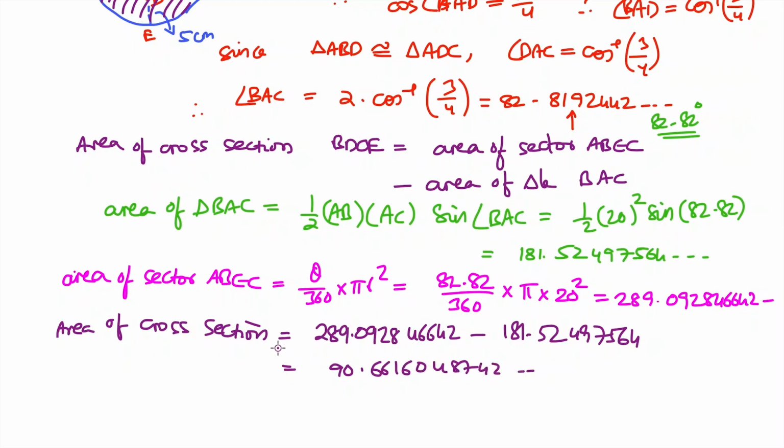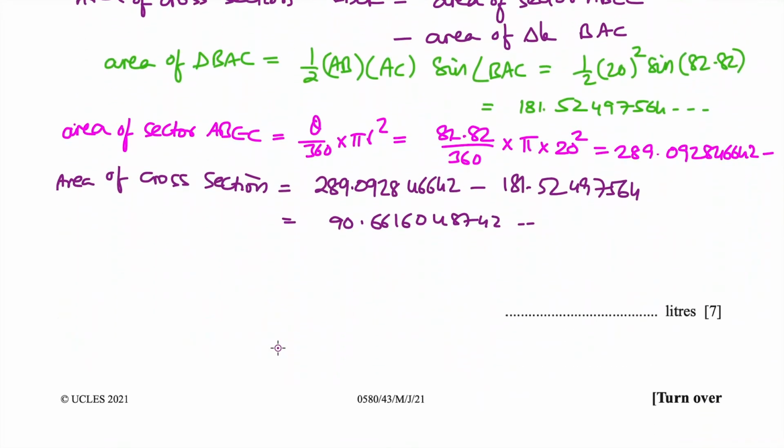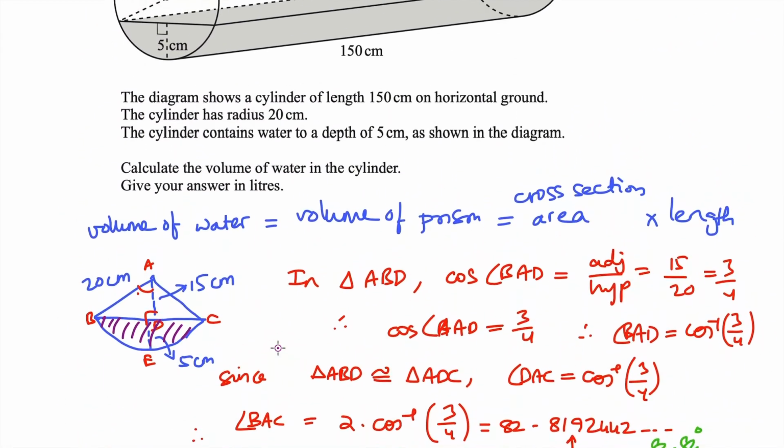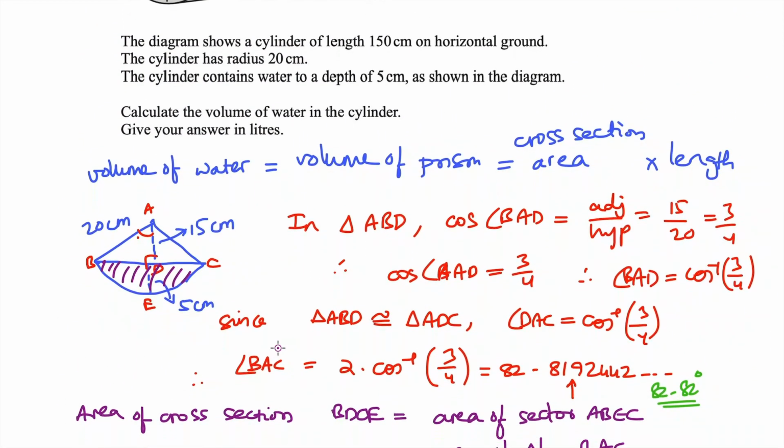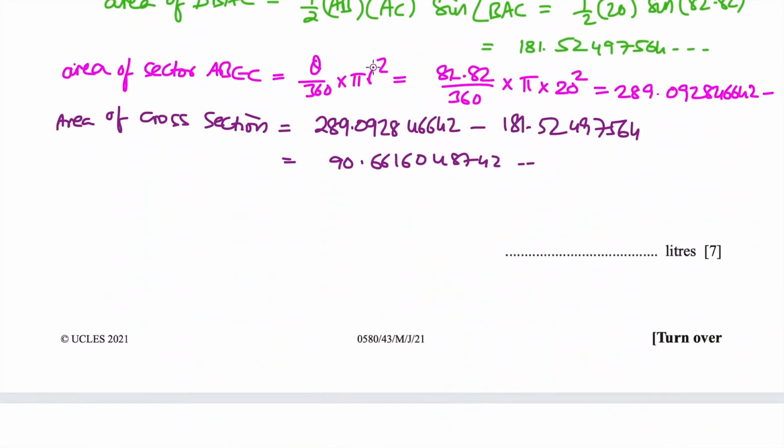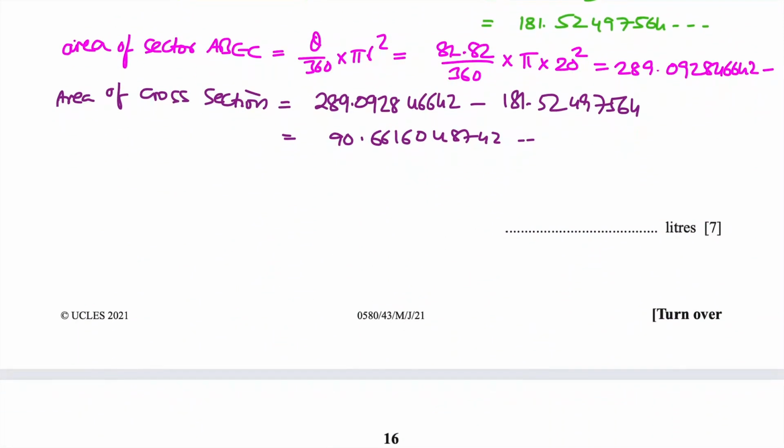Okay, so this is the area of cross section. Now I know the area of cross section and I also know the length. So here the cylinder length is 150 centimeters. So I know the area of cross section, I can calculate the volume.